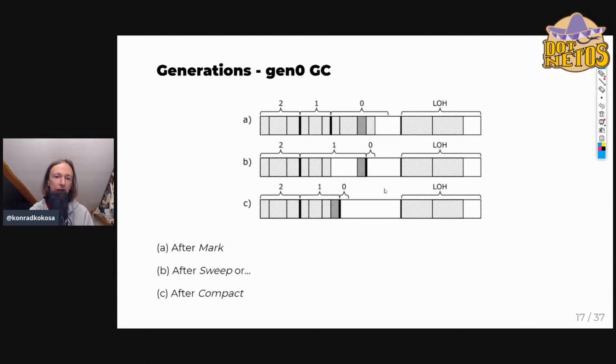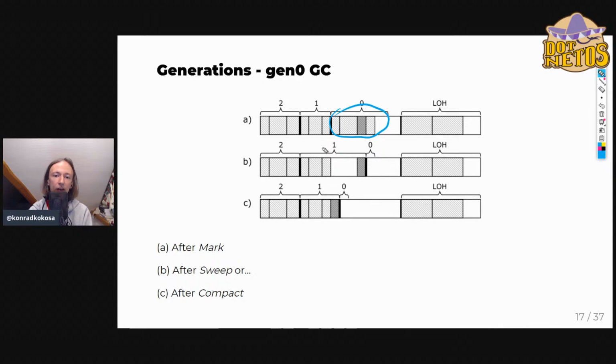So Gen 0 GC as the very first one. Gen 0 GC, as we said, considers only generation 0. And because we know the boundaries of generation 0, it means that we will be only interested in this memory region, because we perfectly know where generation 0 is.